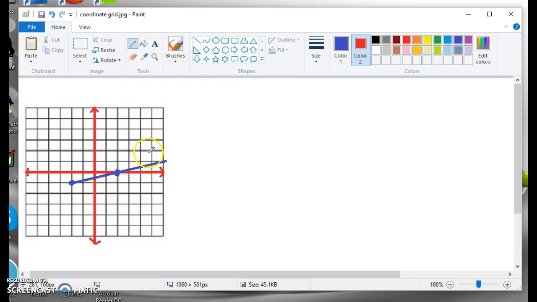So if we think of what's the vertical change, we can draw a slope triangle. We have 1 unit and a horizontal change of 4 units. So up 1 unit, right 4 units. Vertical change divided by horizontal change gives the slope.